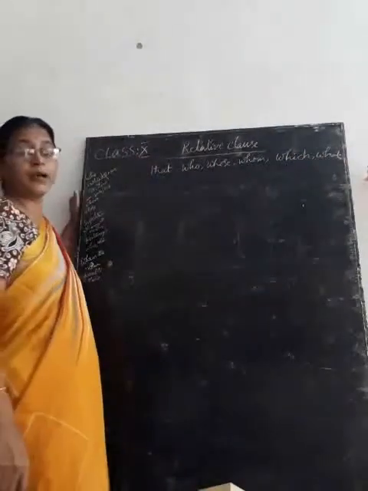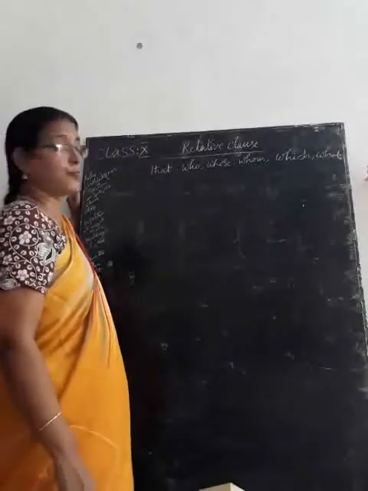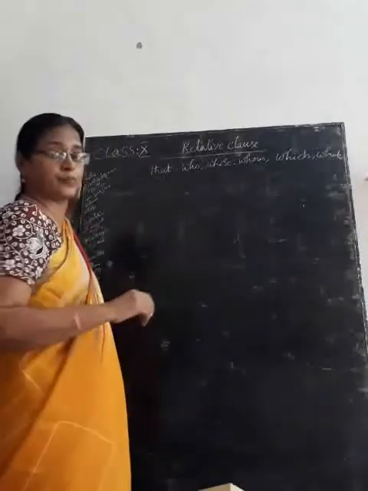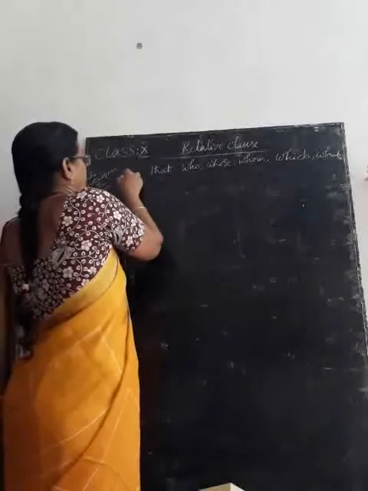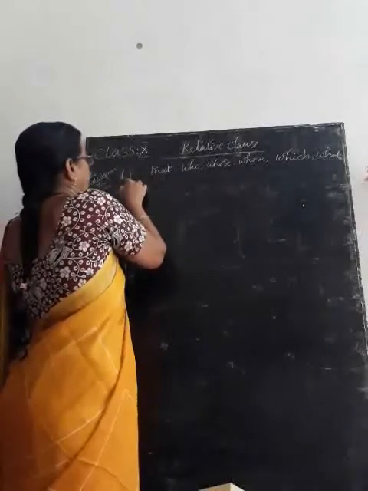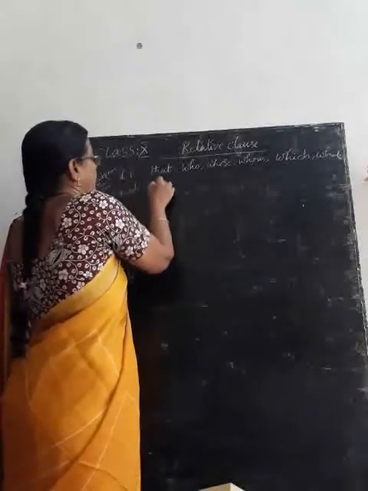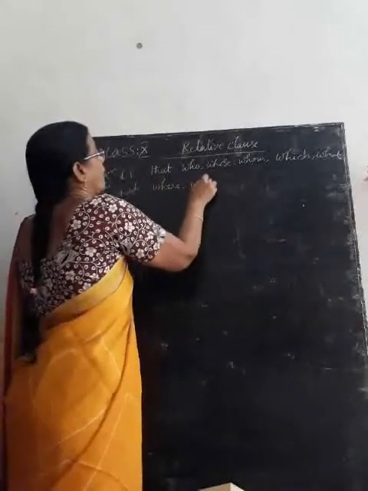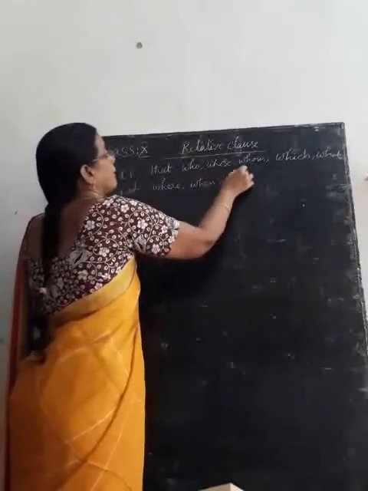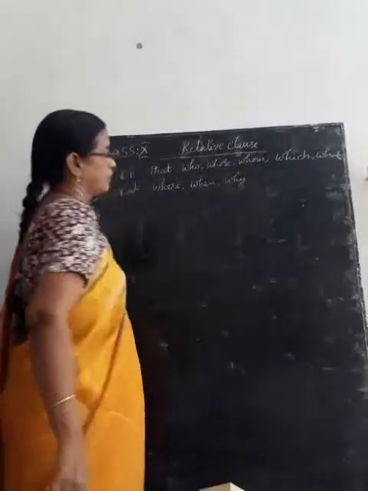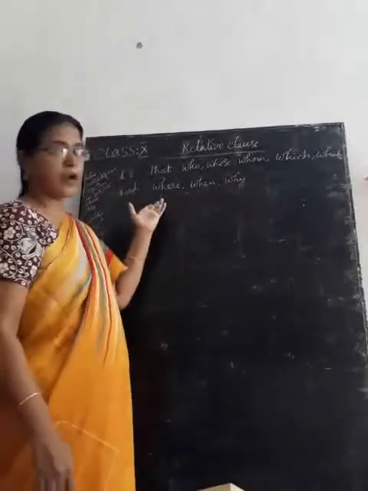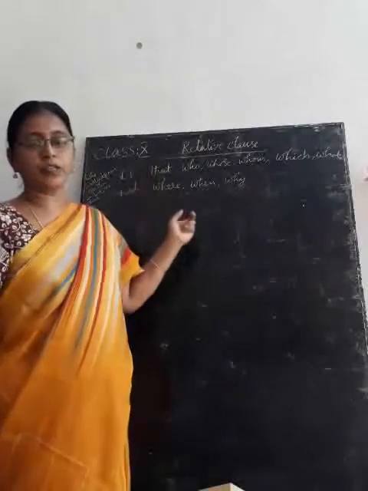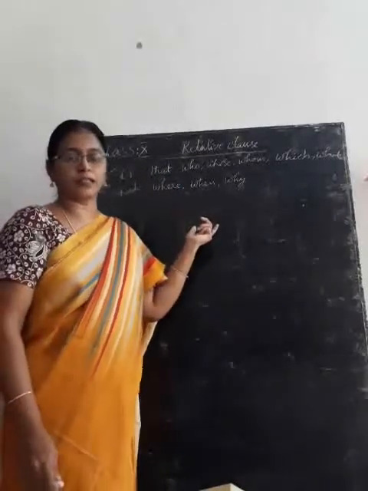To make relative clause, we use relative pronouns and relative adverbs also. These are relative pronouns, relative adverbs. Relative adverbs, what are they? Where, when, why. By using relative adverbs or relative pronouns, we make relative clauses.